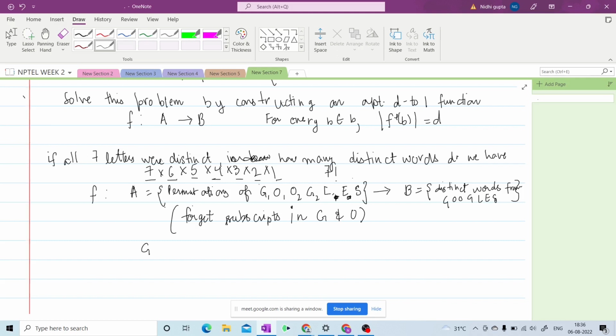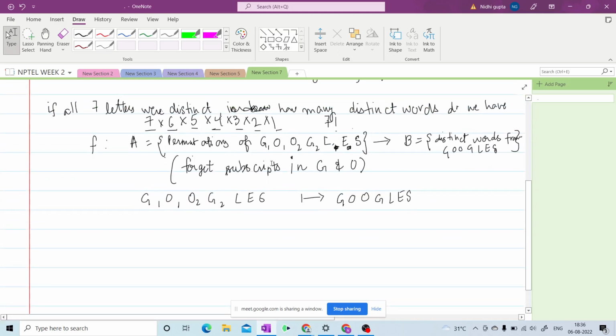That means G1, O1, O2, G2, L, E, S will be sent to, forgetting the subscripts, GOOGLES. I am basically forgetting subscripts. So if I am doing this, my claim is that it is a D to 1 function.